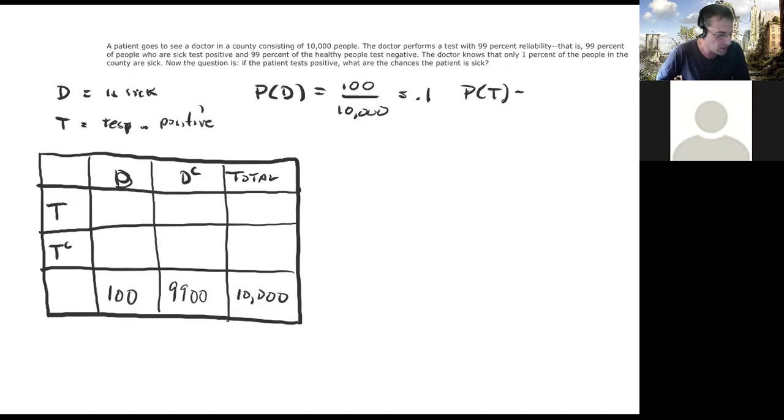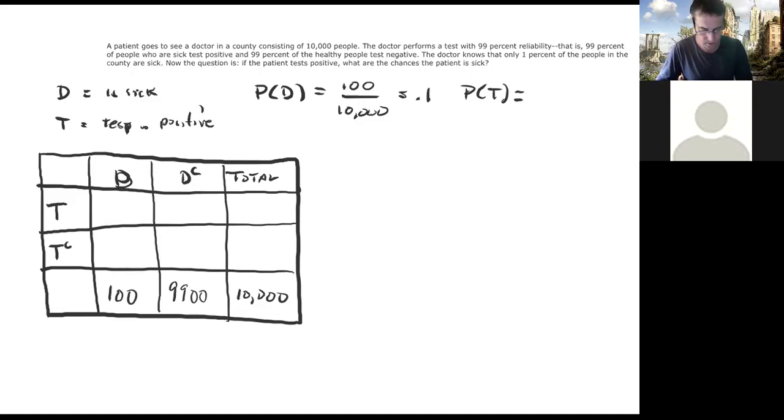We also know that the probability of testing positive, we can compute that. How do we do that?